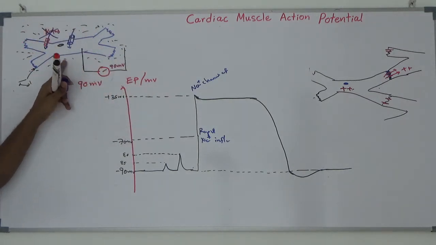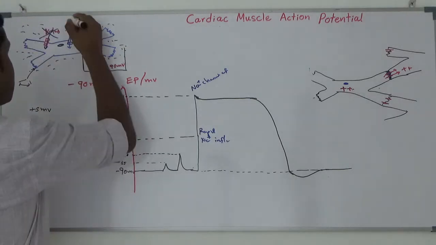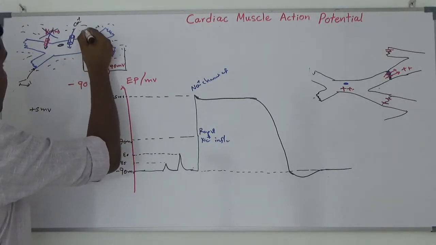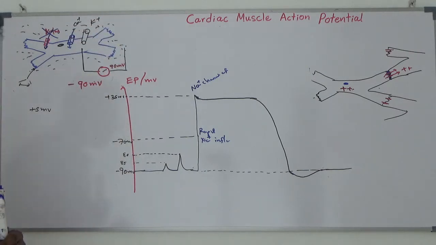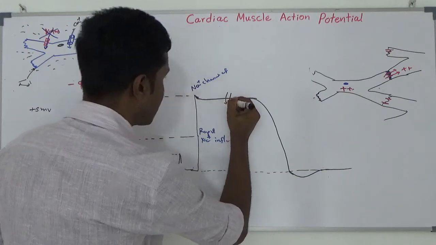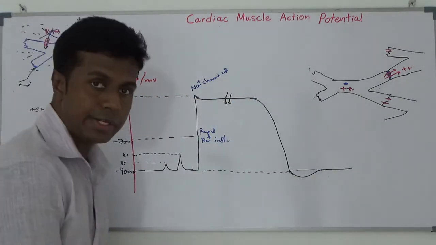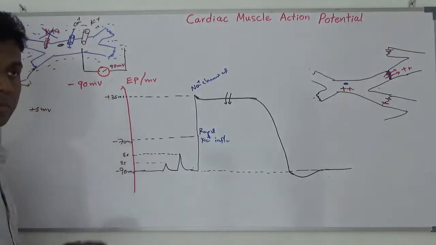Not only that, the potassium channel is also going to open. Because of the opening of the calcium channel, calcium is going to enter your cells. When calcium enters, your positivity goes up again.